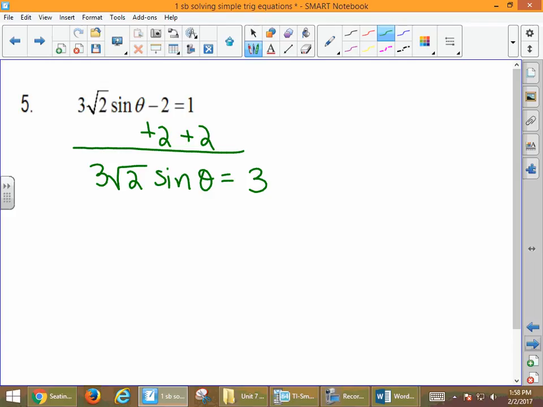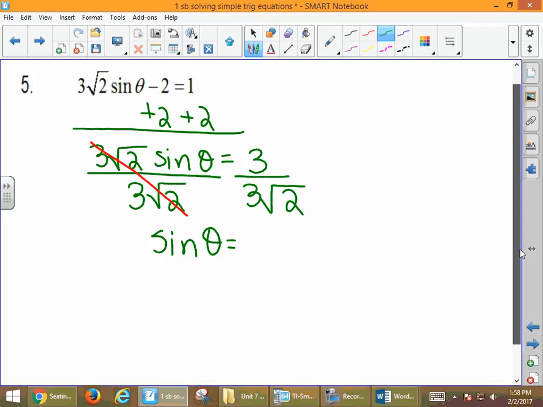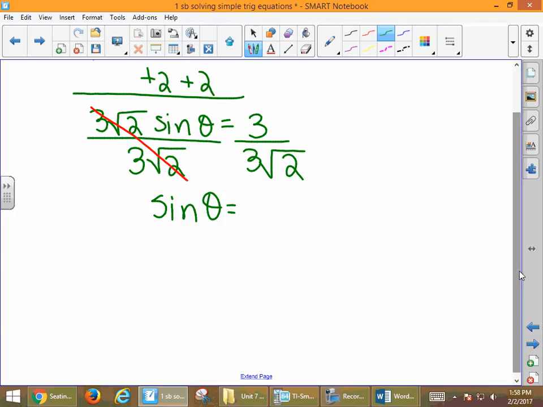And it's 3 radical 2 times sine of theta, so our inverse operation is to divide. When we divide, the 3 radical 2's cancel out, and we've got sine of theta. And over here, to keep it a little bit simpler, notice 3 in the numerator, 3 in the denominator. That cancels out as well, and 3 divided by 3 is 1.